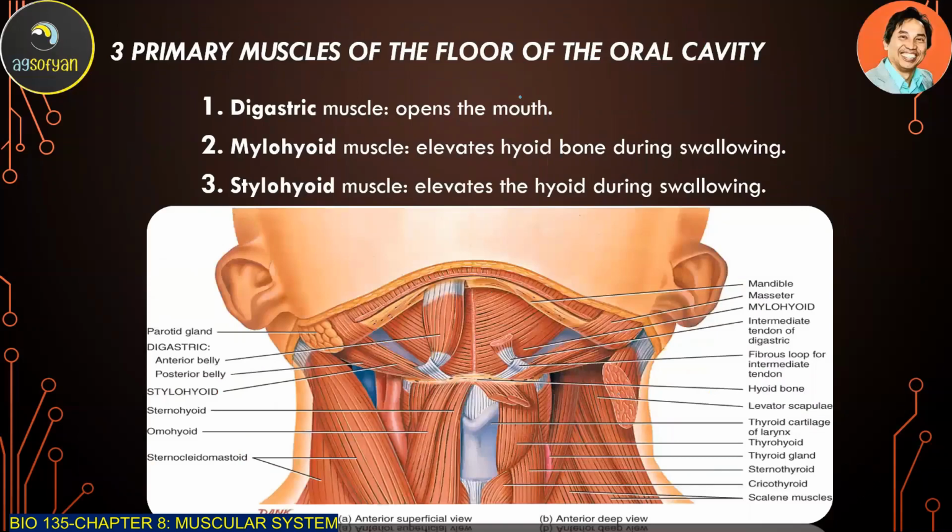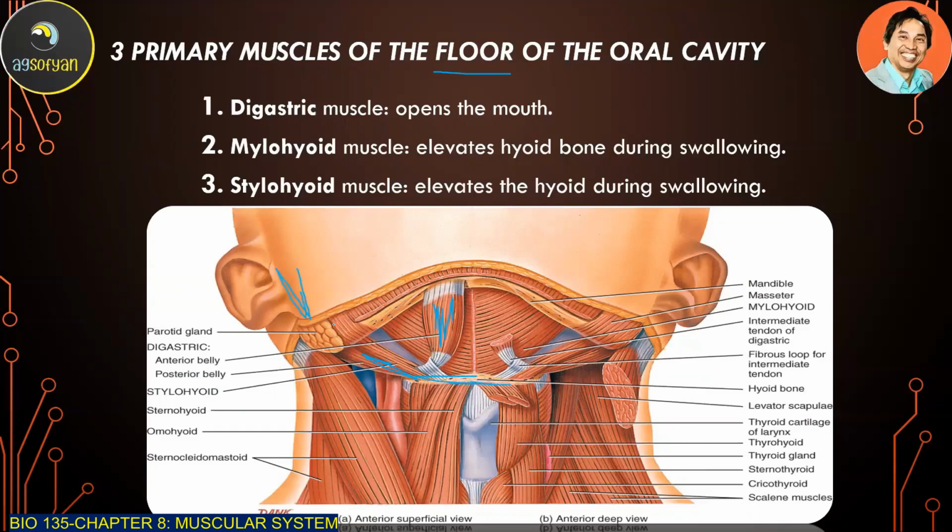The muscles in the floor of the oral cavity. Digastric muscles, these muscles over here, and there is the stylohyoid muscle. The name is telling you it connects the styloid process and the hyoid bone over here.